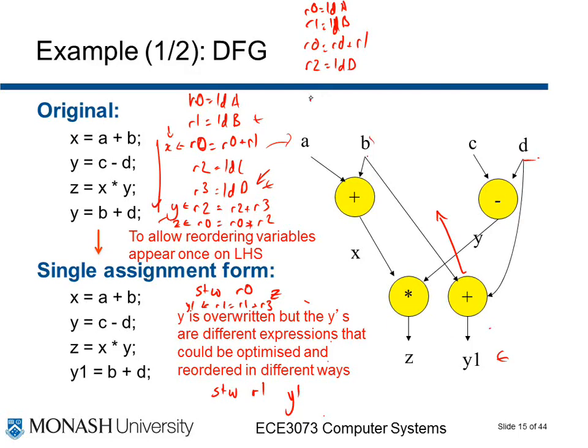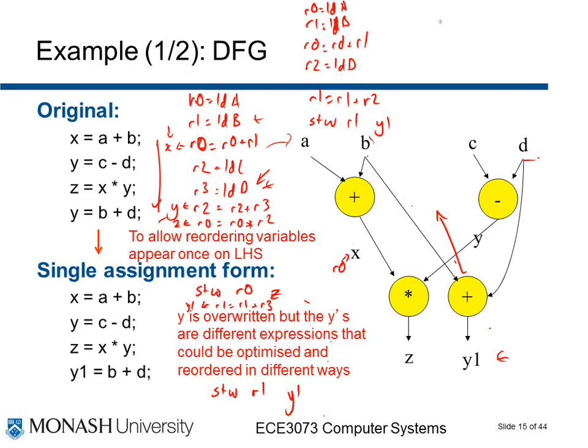So I could say R1 is equal to R1 plus R2. And then I could store R1 to the memory location Y1. So now I just have X stored in R0 and 2 free registers.